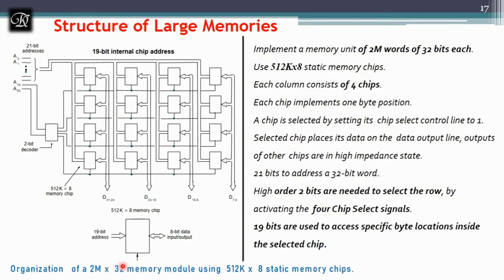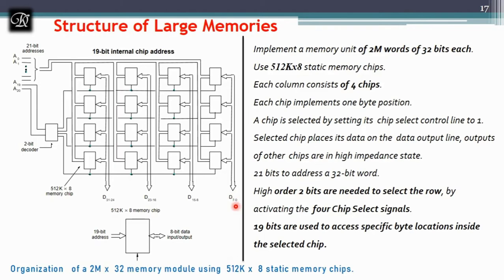Previously we discussed only 8 bit. Now we have come up with a large memory of 2 mega into 32, with address lines and 32 data lines. To get 2 mega, we have already seen 1 mega is given by 20 lines, and 21 lines will give us 2 mega.